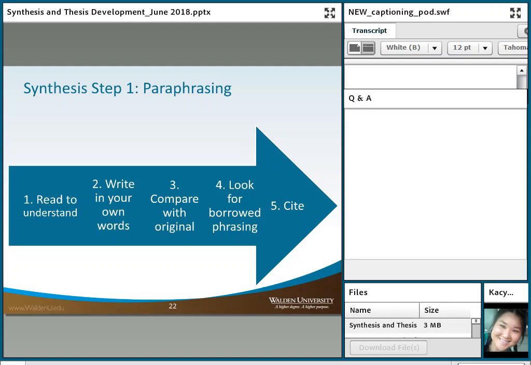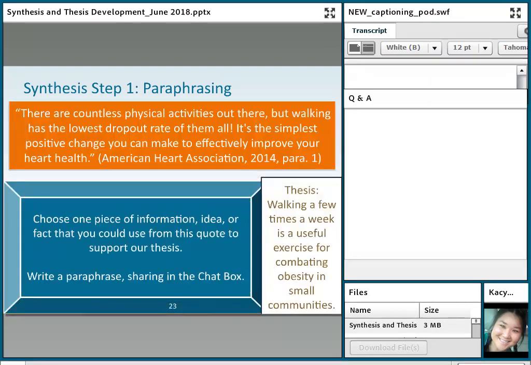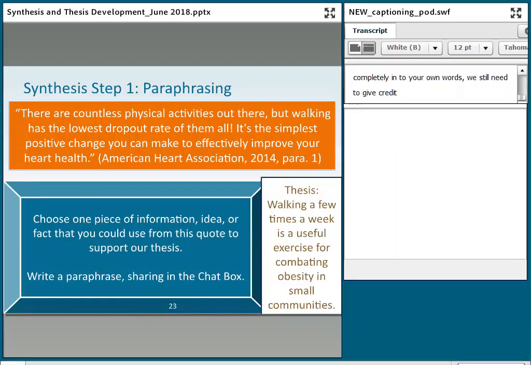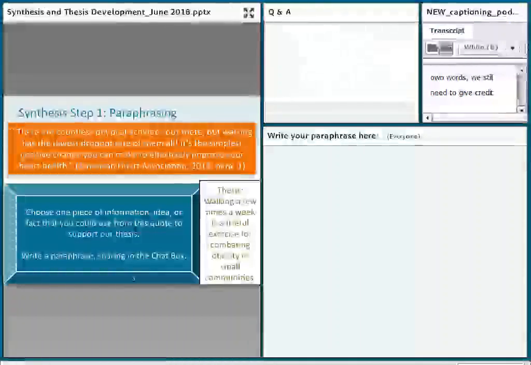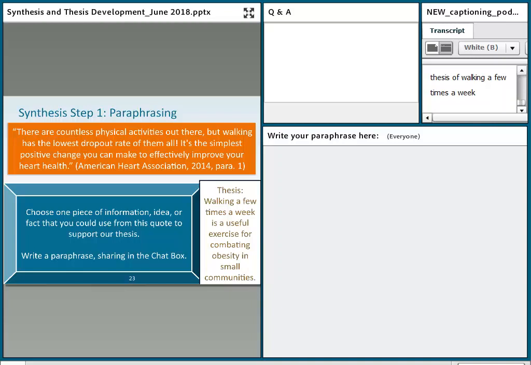It can be very easy to do what we would call a bad paraphrase or an ineffective paraphrasing, where maybe you're just switching out some words for synonyms, but you're not actually putting this into your own words and presenting it in a new way.